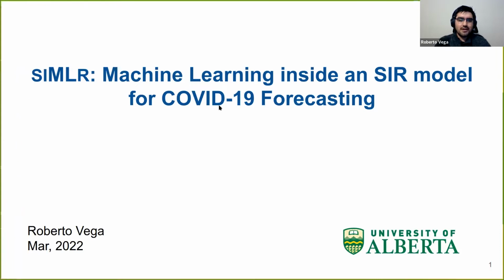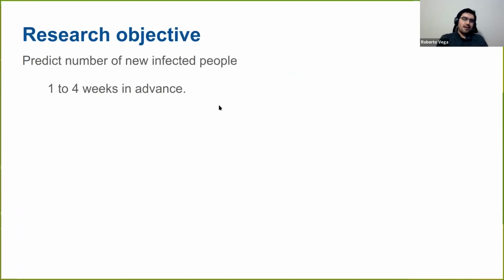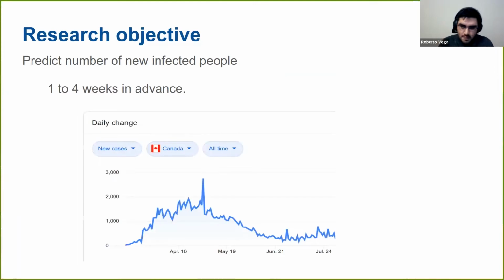So let me start by telling you the research objective that we had. We wanted to predict the number of new infected people 1 to 4 weeks in advance. For example, imagine that we are around here in, I don't know, July 28. So we have seen the evolution of the new cases of COVID over this period of time.